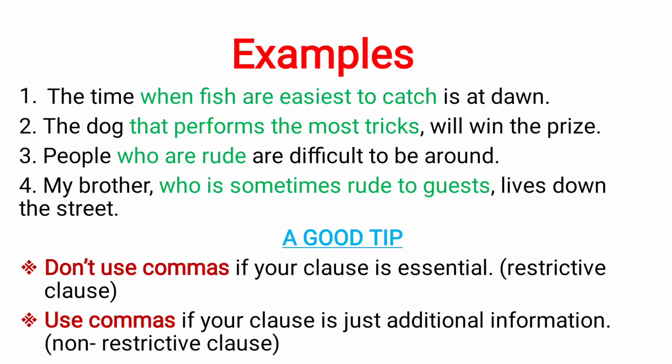"My brother, who is sometimes rude to guests, lives down the street." Now again, we have a group of words. Again, we need to check three traits of an adjective clause. First of all, do we have a subject and verb combination? Yes, we have a subject and we have a verb. Now, is it describing something?